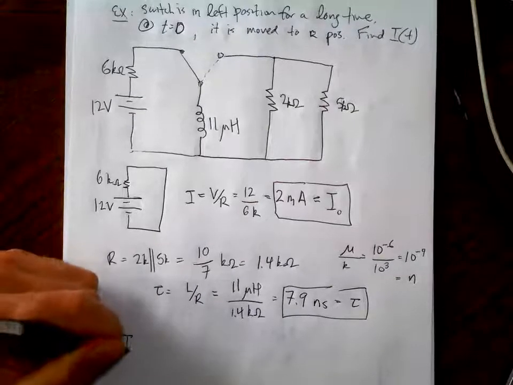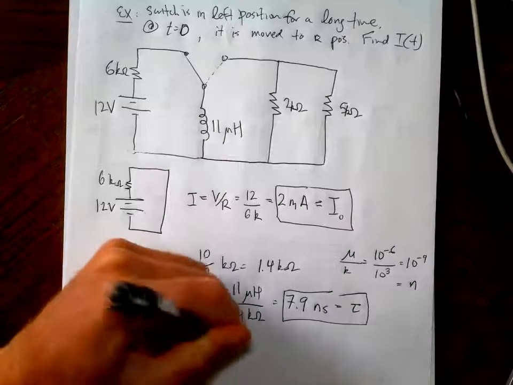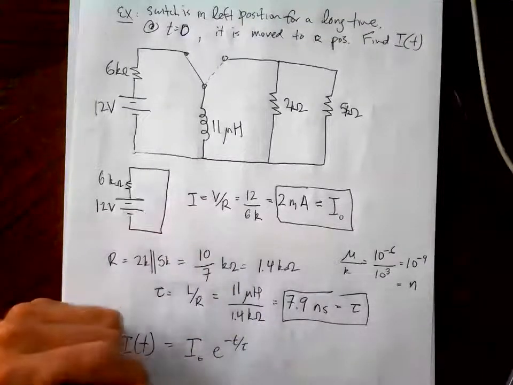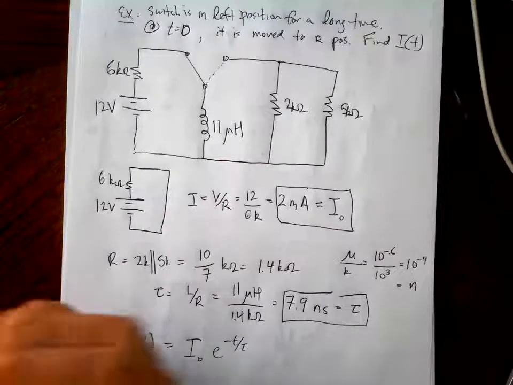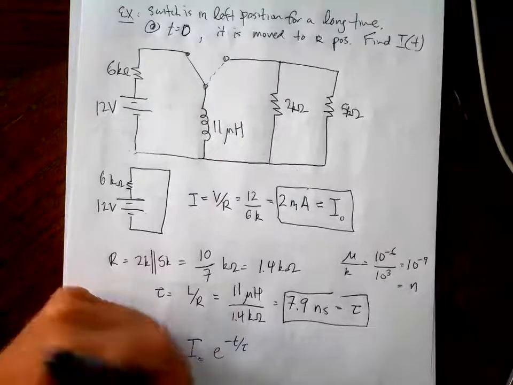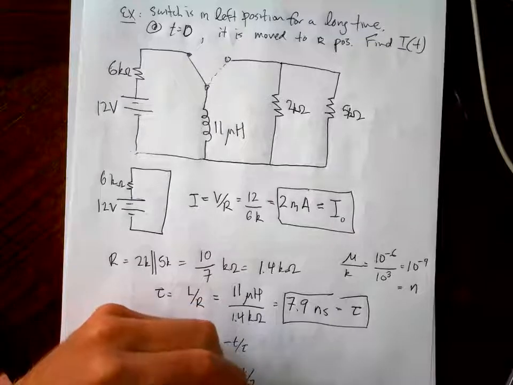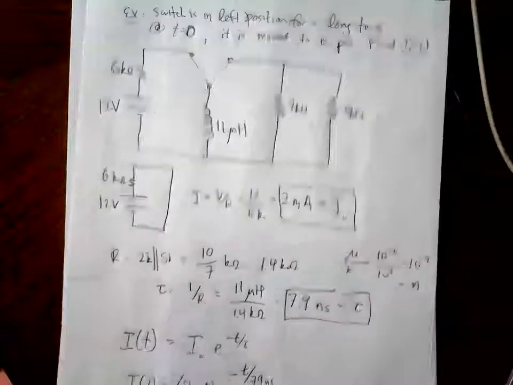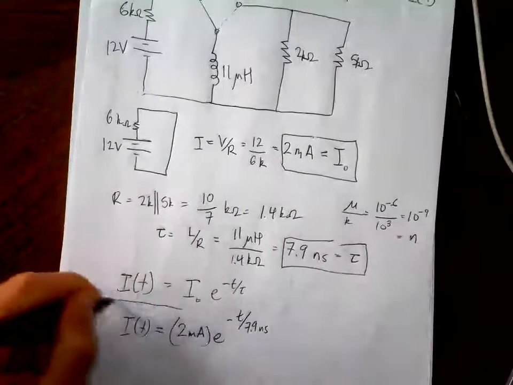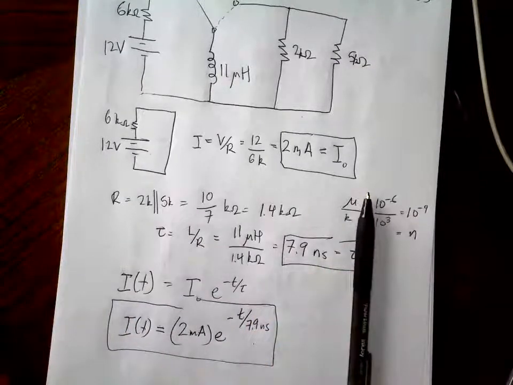So that means that the current as a function of time is I naught e to the minus t over tau, which is going to be 2 milliamps times e to the minus t over 7.9 nanoseconds. Okay, so the time constant is setting the scale for how quickly the inductor's current is going to go to 0.